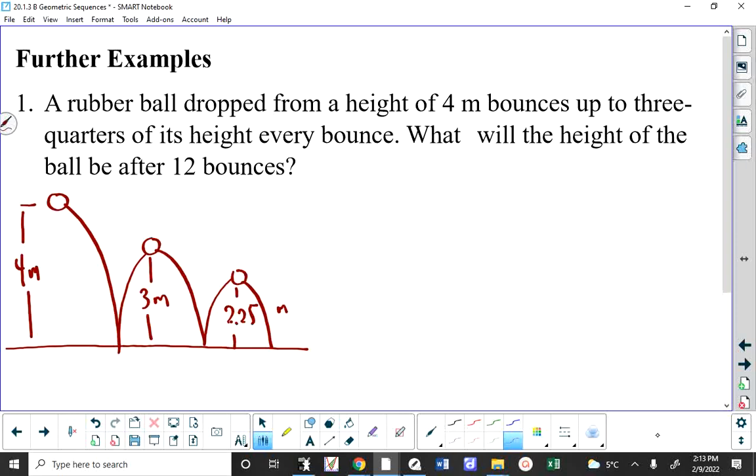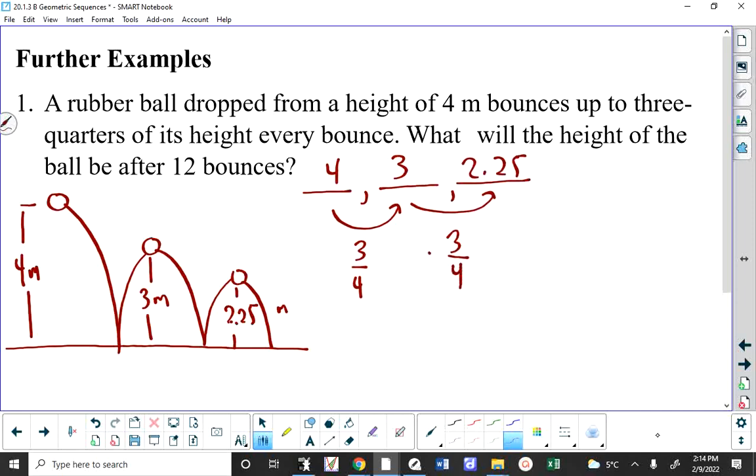So to go from 4 to 3, you multiply by 3/4. To go to 2.25, you multiply by 3/4. So what we have are the bounce heights forming the terms of a geometric sequence, and the geometric sequence has a common ratio of 3/4.